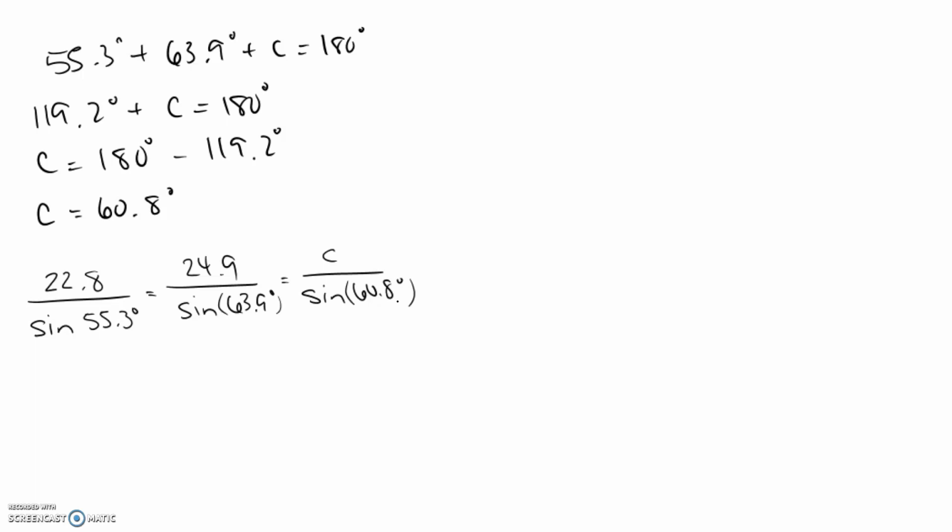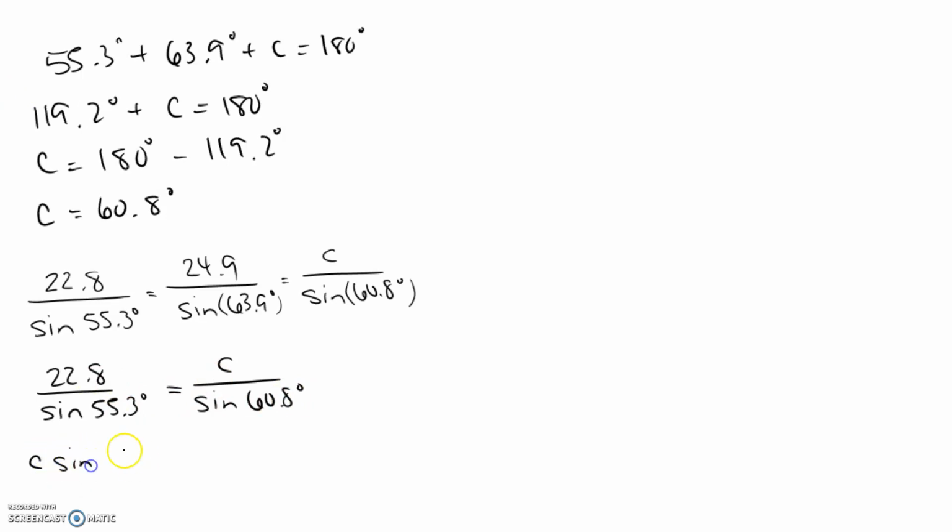So I'm going to do 22.8 over sine of 55.3 is equal to C over sine of 60.8, cross multiply. So that's going to be C times sine of 55.3 is equal to 22.8 times sine of 60.8 degrees. Divide both sides by the sine of 55.3.